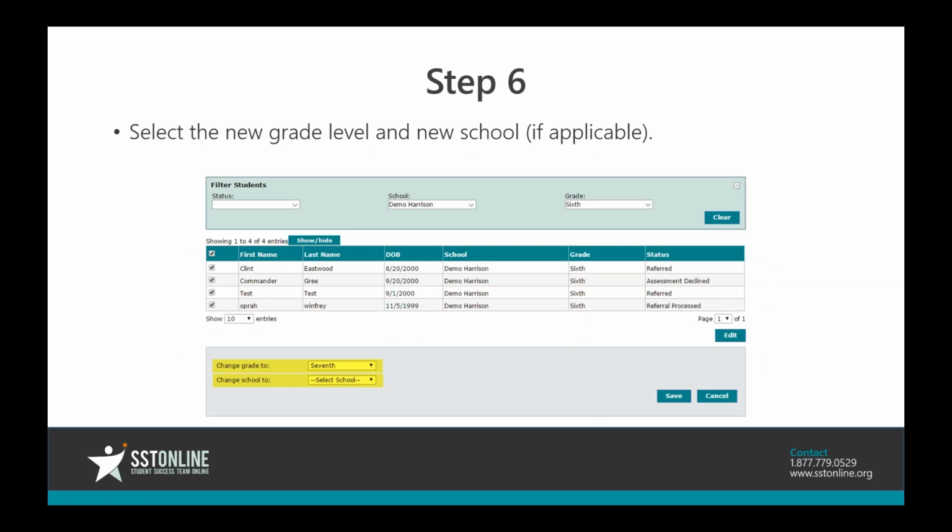So if you're moving from junior high to high school and you are changing schools, that's when you're actually going to want to change the school. If they're staying within the same school, you do not need to select a school. Okay, so if they're moving from 3rd to 4th grade and they're in the exact same school, don't choose a school. Just leave it how it is.